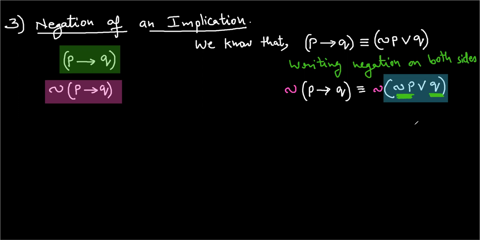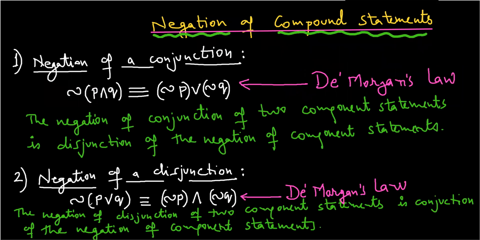And if you remember, just a few minutes back we wrote the negation of a disjunction. The negation of a disjunction is the conjunction of their negations.